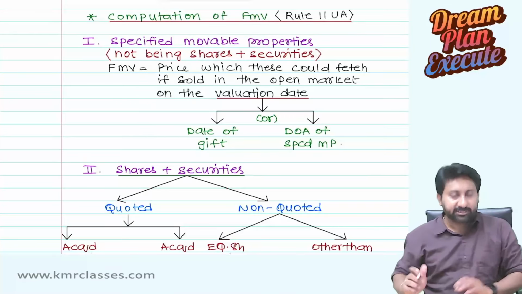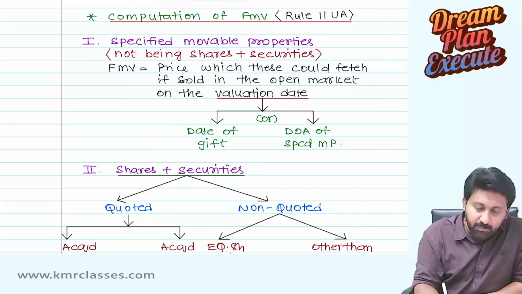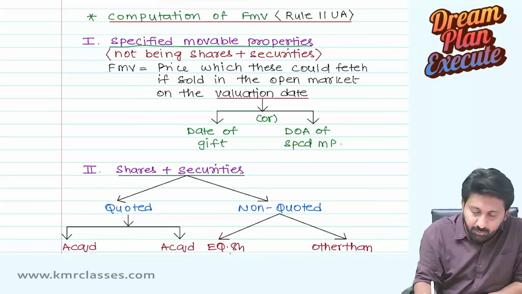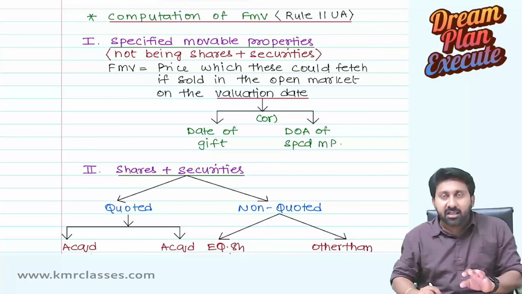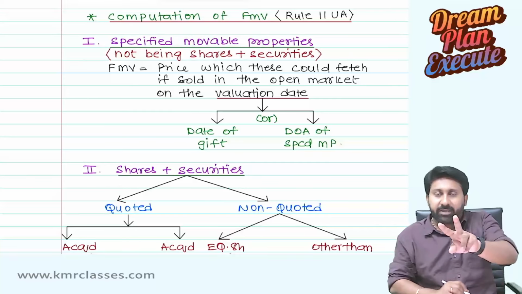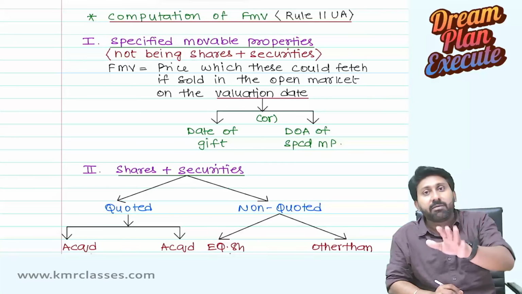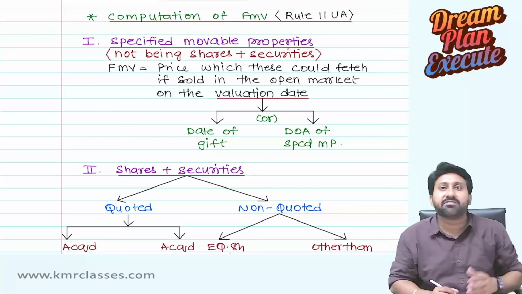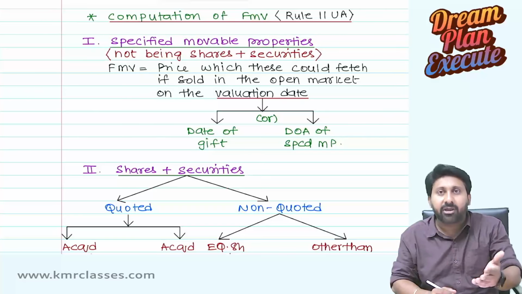Blindly follow this. First, if it is a specified movable property: shares, securities, etc. Movable properties are of two types: movable property being shares and securities, and movable property other than shares and securities, like jewelry, archaeological collections, sculptures, works of art, bullion, drawings, paintings.